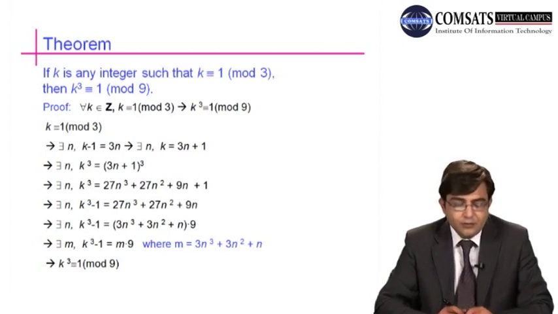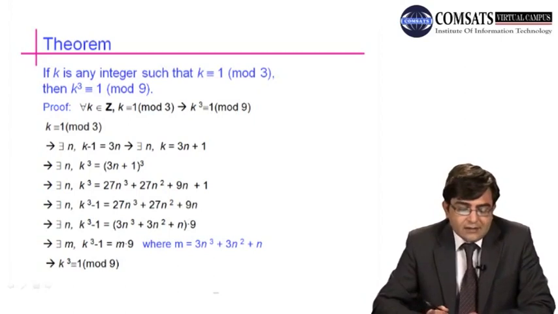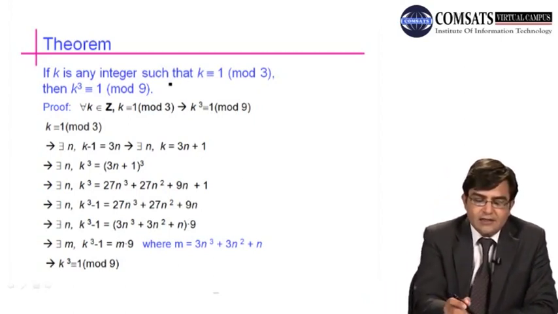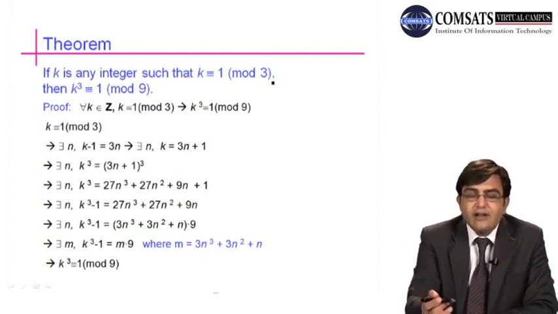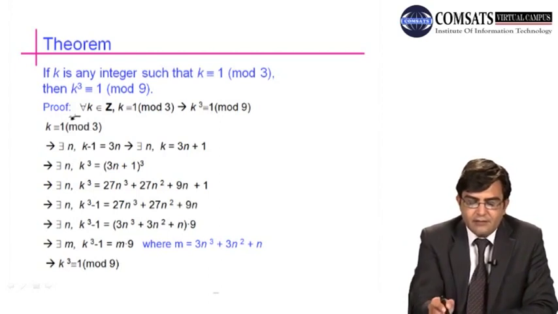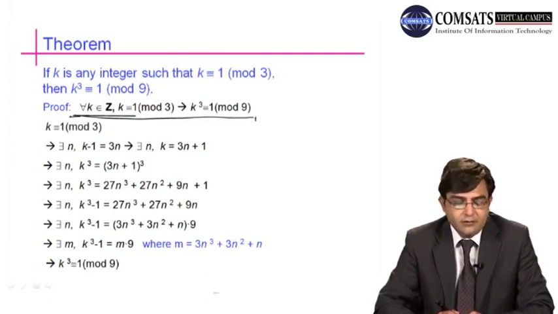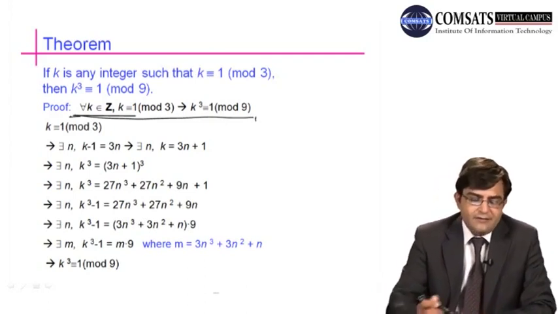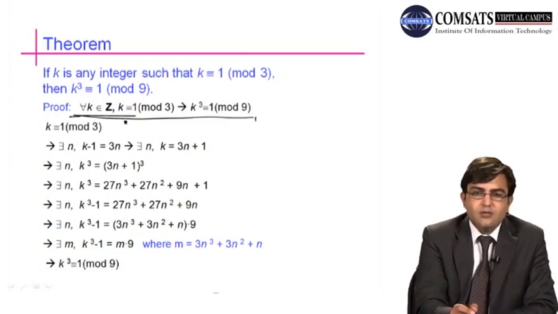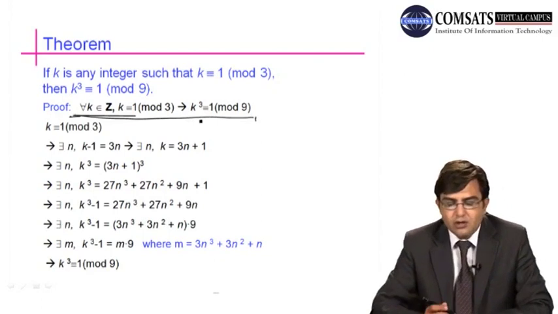In the direct method of proof, first we write the statement in the universe: for all k belonging to Z, which means for all integers, if k is congruent to 1 mod 3, then k cubed is congruent to 1 mod 9.